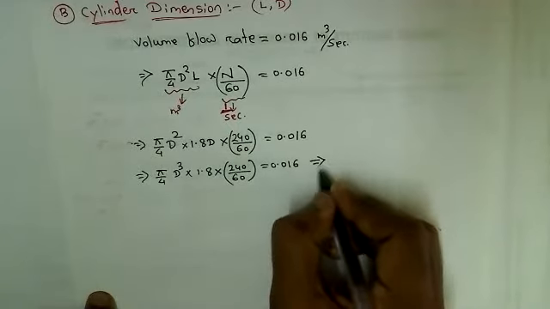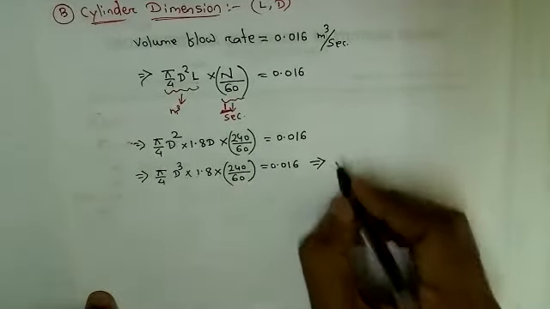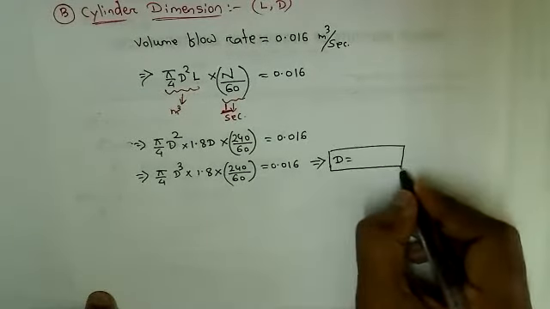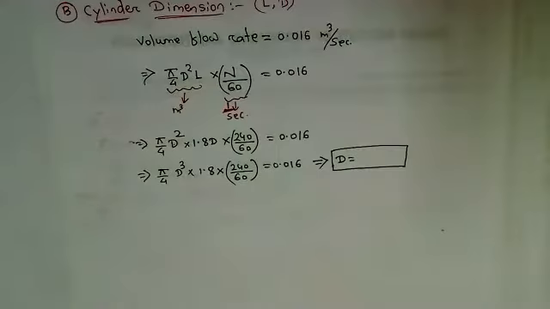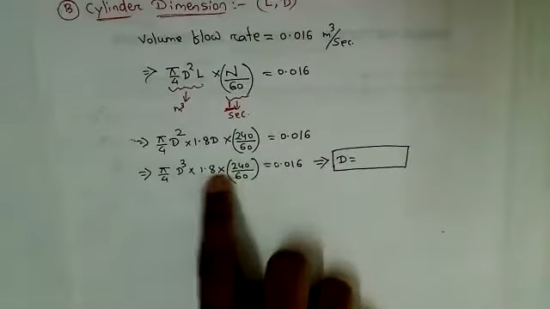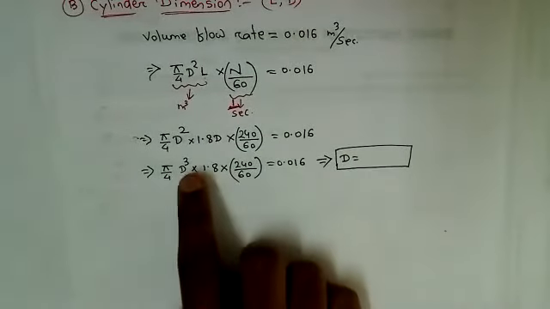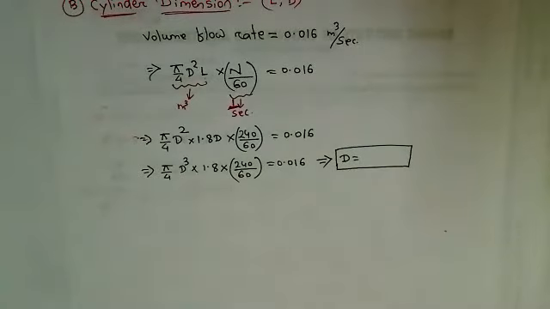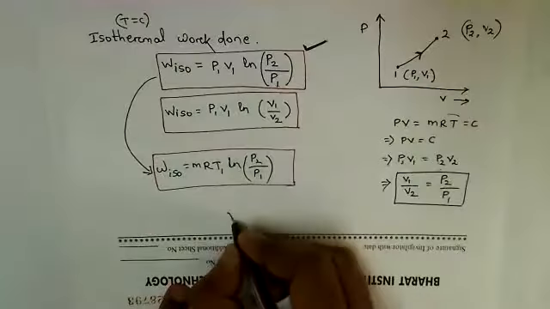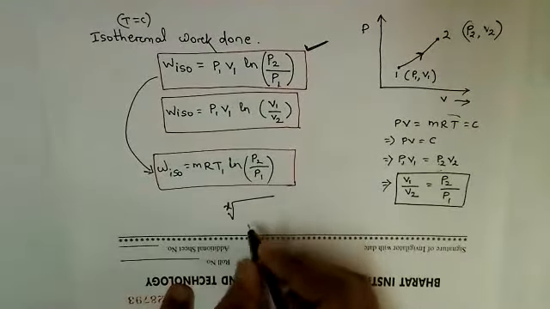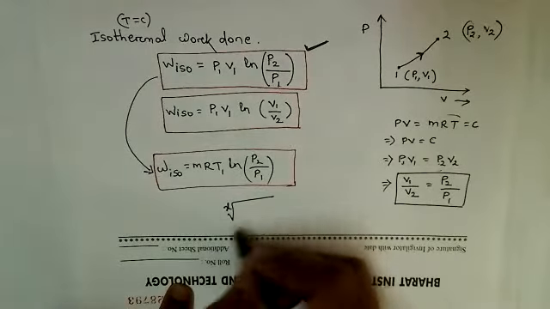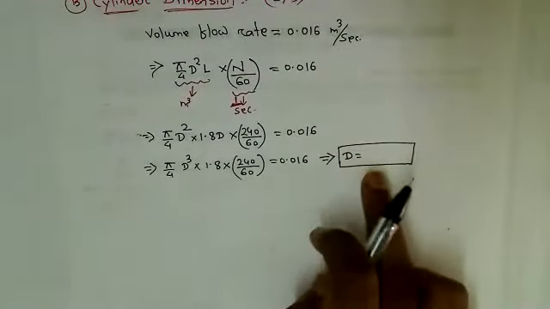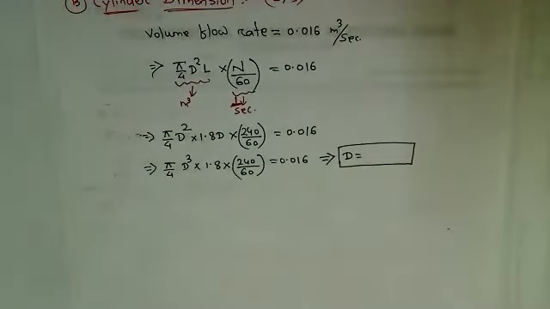Now you solve this question and tell me what diameter we are getting. You take all these terms to the right hand side and take the cube root. In your calculator, there is a cube root option, one key is there. In place of x, you put 3 so that we can take the cube root and we will get the answer.